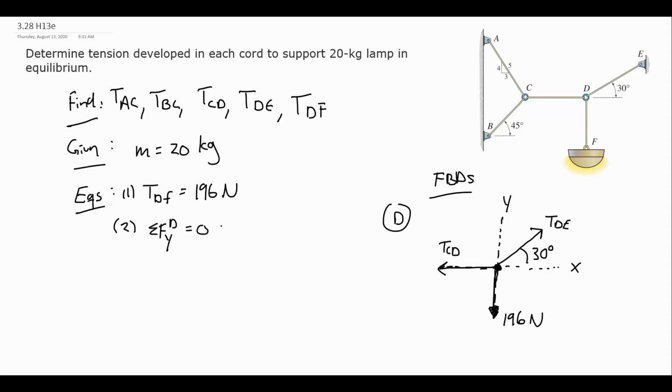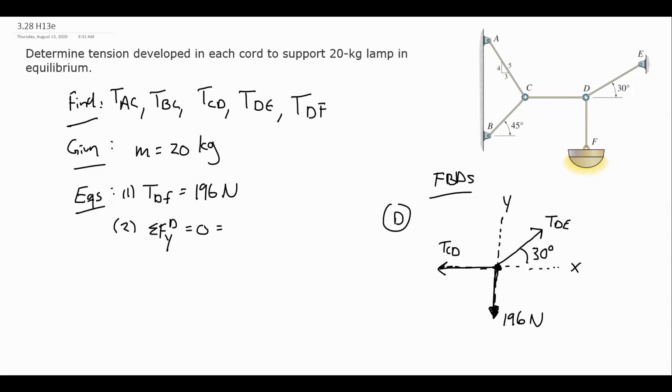We are in static equilibrium, and the thing we'll have to realize in this problem is that if our system is in static equilibrium, every component of the system is as well. So that means that this point D must be in static equilibrium if the whole system is. And we'll see that as we go to draw free body diagram C next.